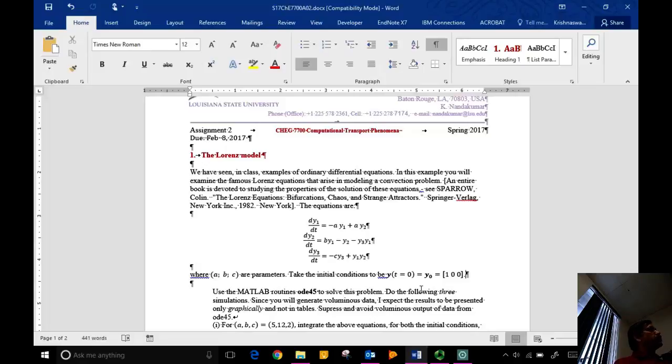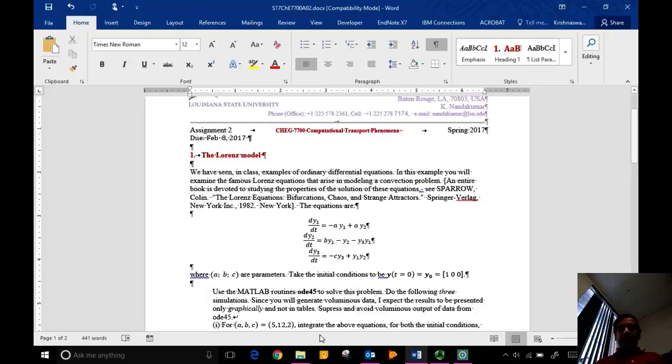There is a whole book devoted to properties of solutions of this equation. The equation itself was discovered only in the 70s, but there was a flurry of activity in trying to play with this, and this was done through computational means, the so-called strange attractor. So it's an introduction through example.